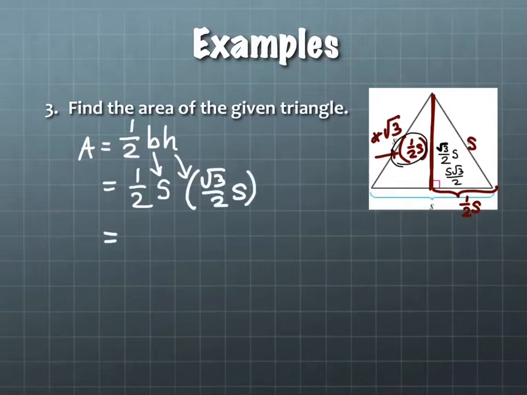And I should be able to use these pieces now, multiply them together, and find the area of an equilateral triangle. So obviously I've got the S's here, so what's S times S? S squared. What am I going to do with the square root of 3 over 2 and the 1/2? What would those become when they're multiplied?